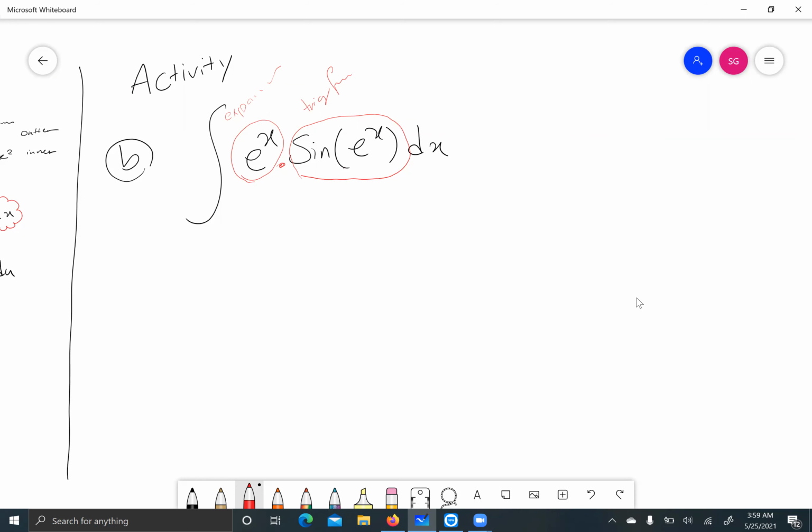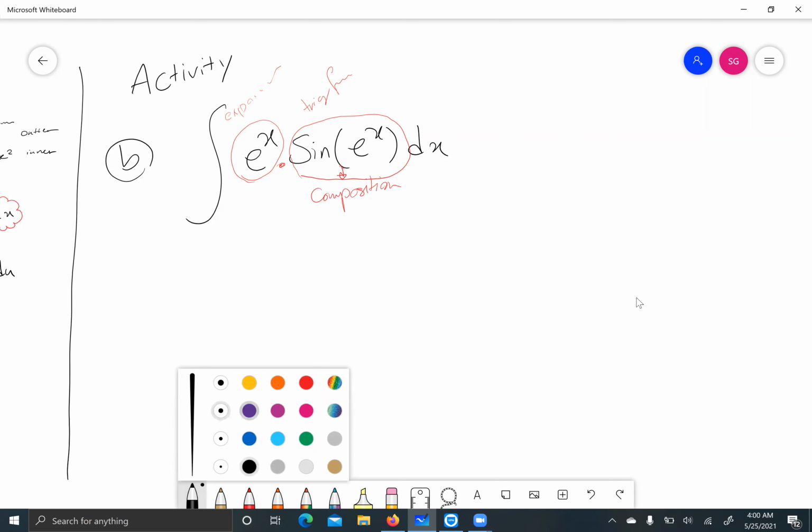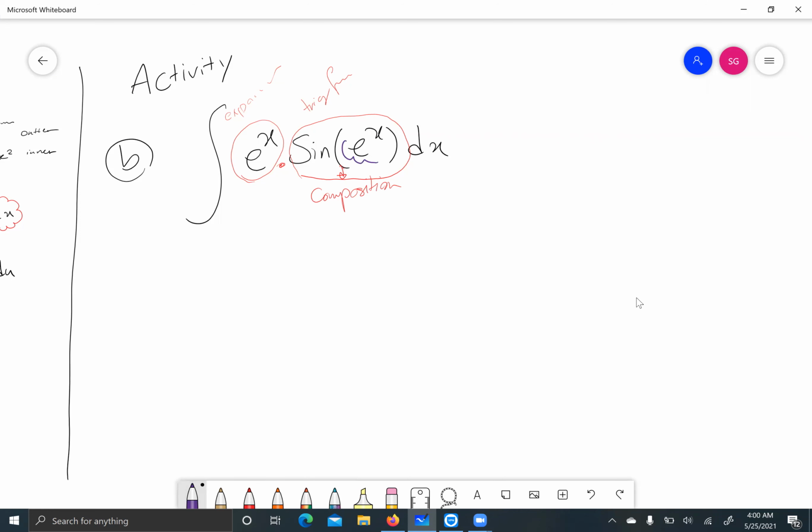So here we have a composition. That's why we use substitution, because it's not simply sine of x, it's sine of e to the x. So there is an inner function and an outer function here. And in this case, the inner function is e to the x. And that's why we take e to the x as u, and then we take the derivative.